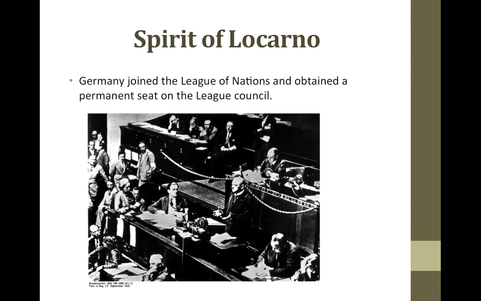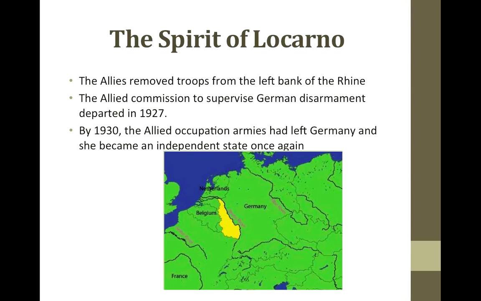All right. As a result of this, Germany joined the League of Nations and obtained a permanent seat on the League Council. And eventually, the Allies removed troops from the left bank of the Rhine. All right. So you see the map here.